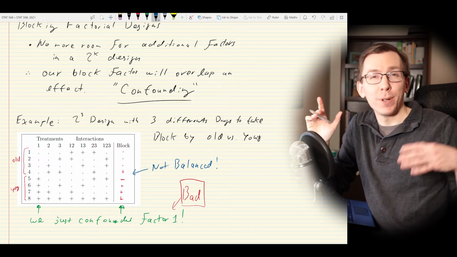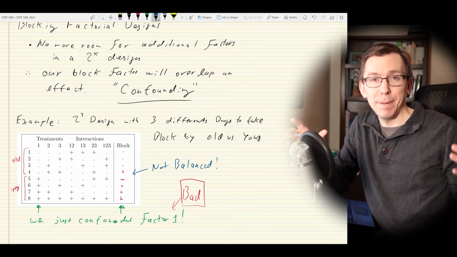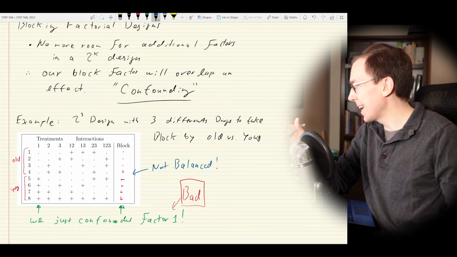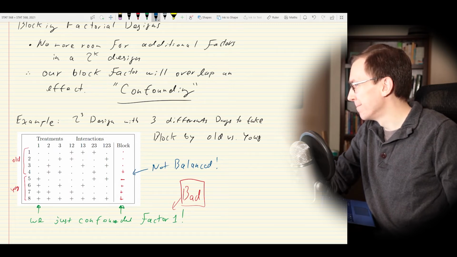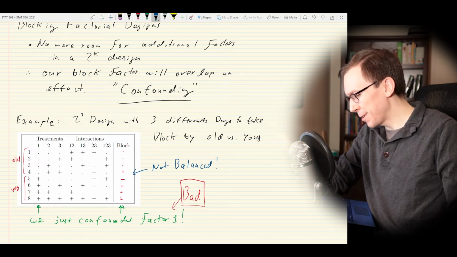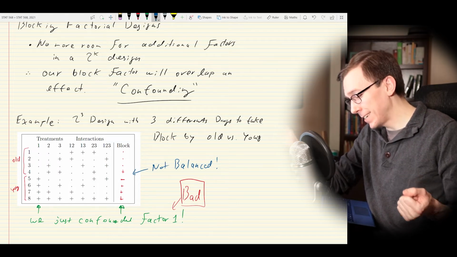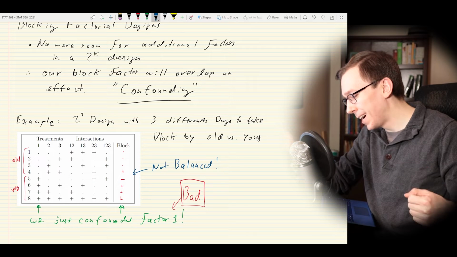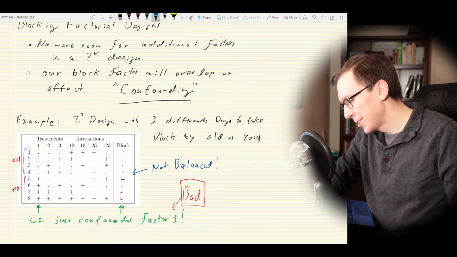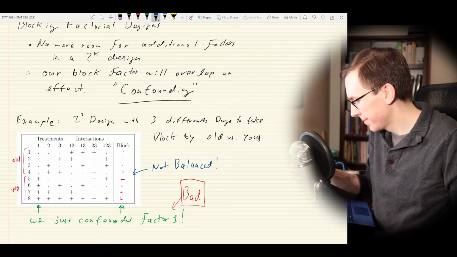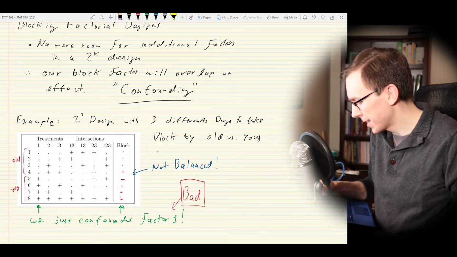Because remember, what we really want is for everything to be balanced. Being balanced means that each of the treatments and factors is considered an equal number of times within each block.